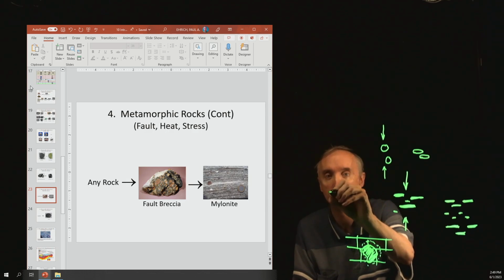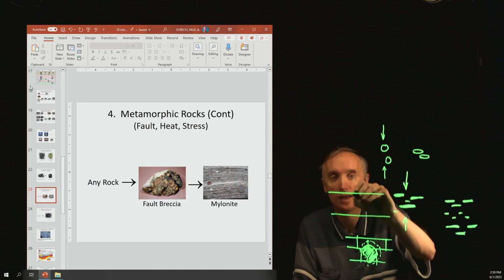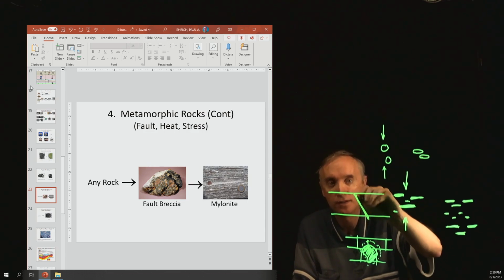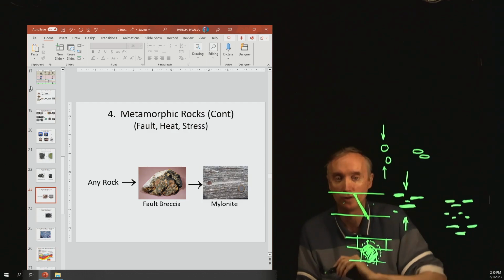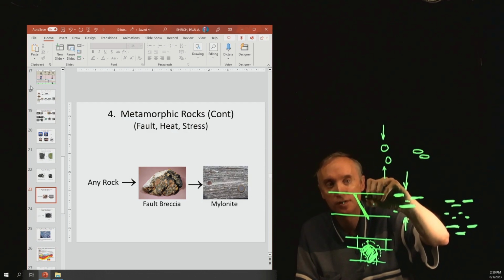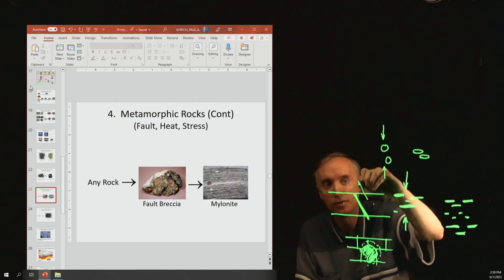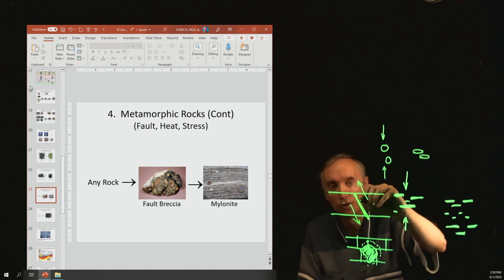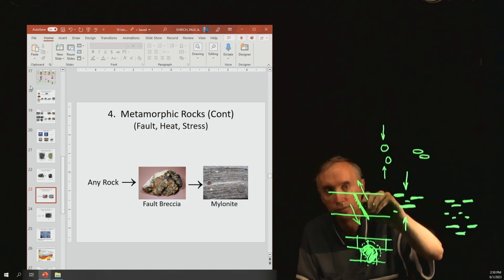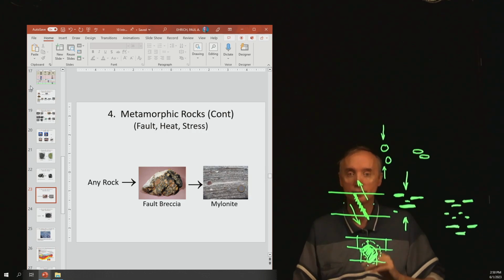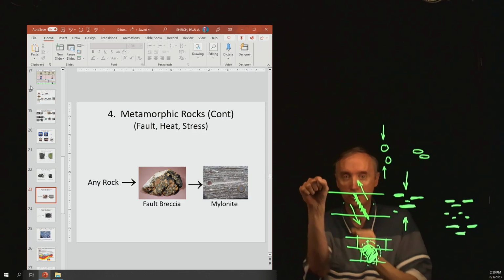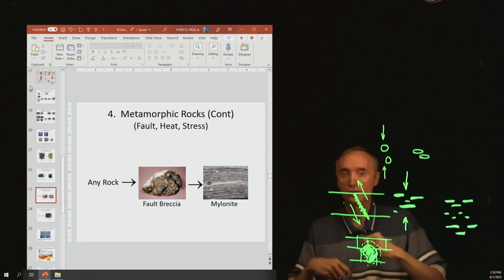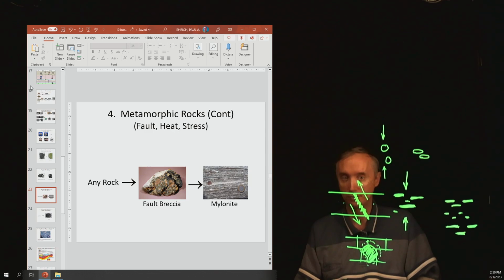So let's say that you've got a rock like this, and then there's an earthquake or something, and so here's the fault that separates this rock from this rock over here. Let's say, just for the sake of argument, that this rock is moving in this direction, and these rocks are moving in this direction. Well, the rocks that are in between, in here, get smashed. They get crushed by these other rocks that are moving past them. So that's what a fault breccia is going to be.